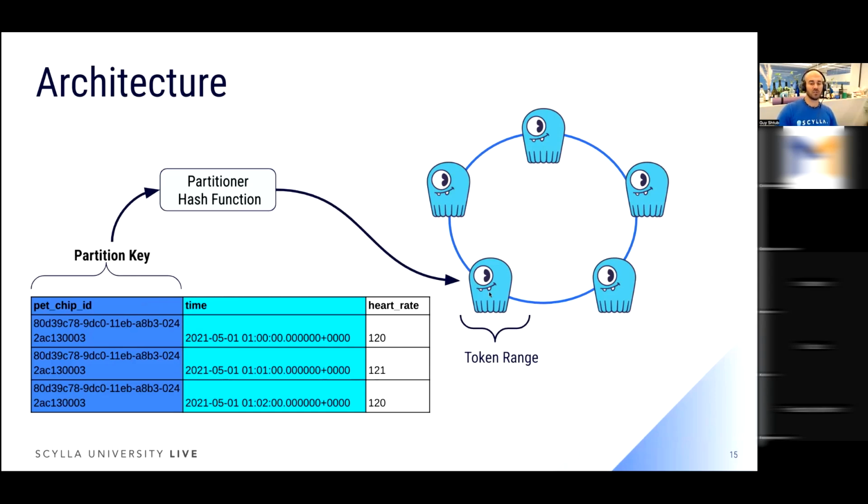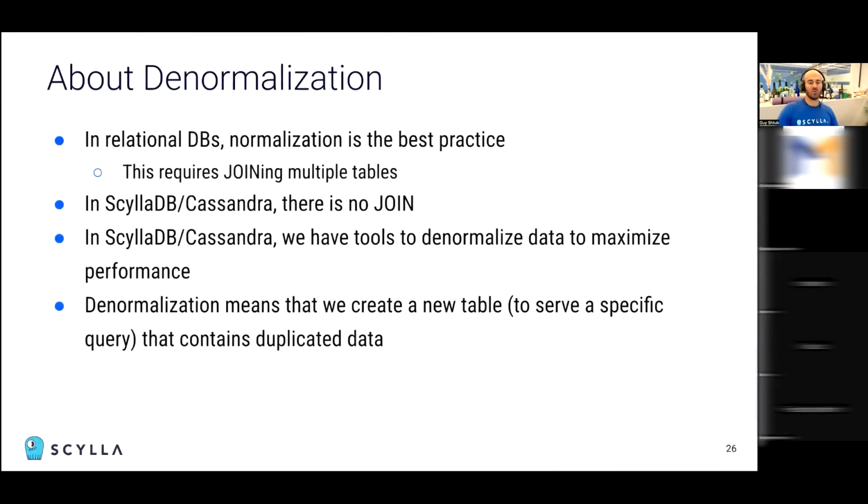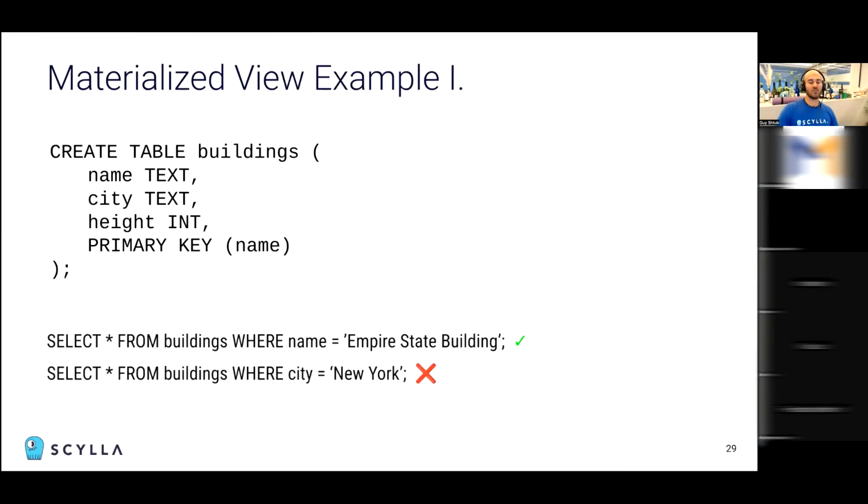So that's very efficient. But what happens if we want to query according to a different column? Let's say that from the same table, buildings, we want to query according to the city. If we do that, this query is going to fail. It's not going to work because we didn't provide the partition key.